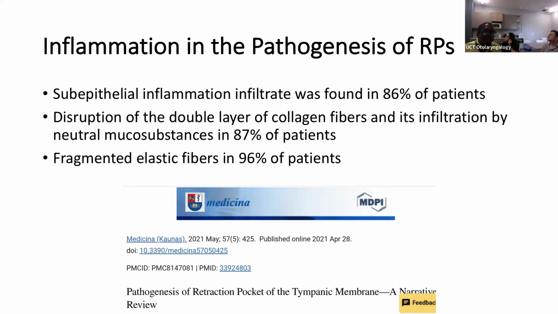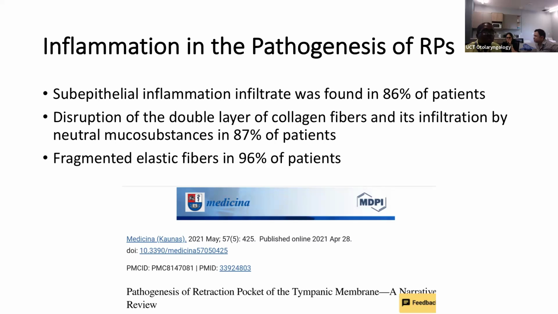Inflammation in the pathogenesis of retraction pockets. Generally, it is said that subepithelial inflammatory infiltrates are found in 86% of patients. This is from the study below. The disruption of the double layer of collagen fibers and its infiltration by neutral mucous substances was found in 87% of patients with retraction pockets.